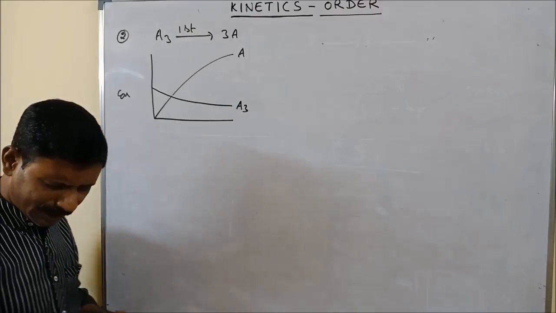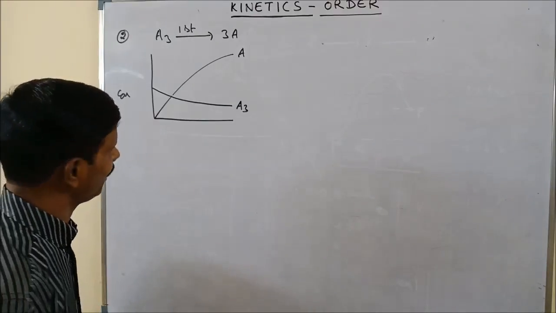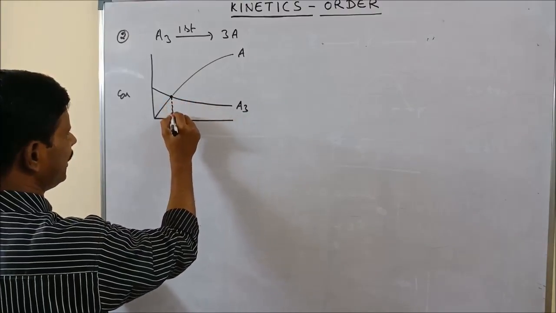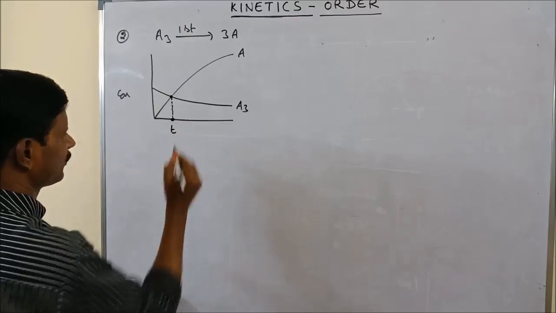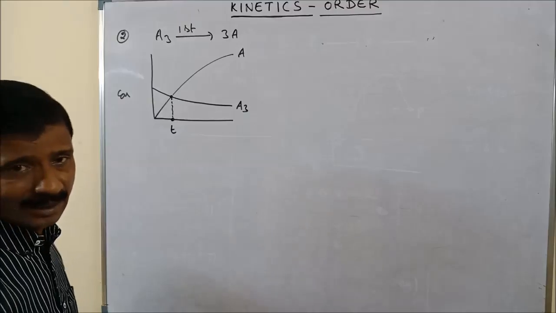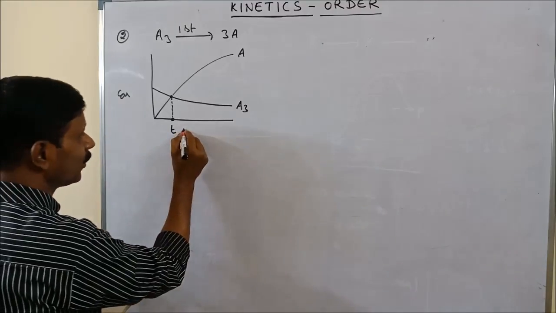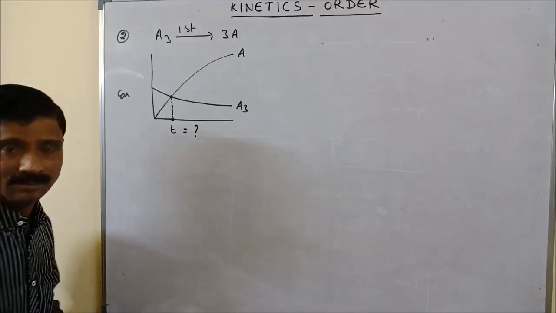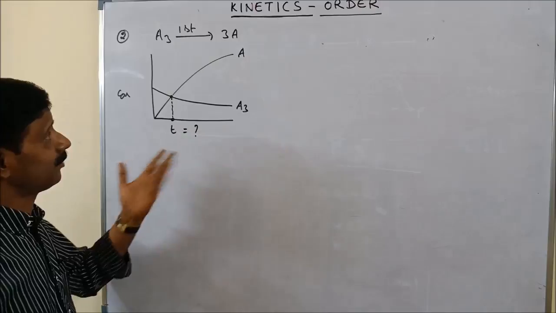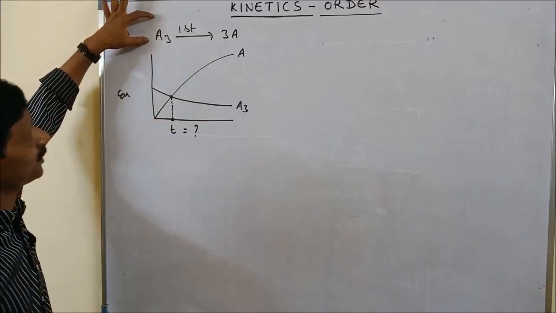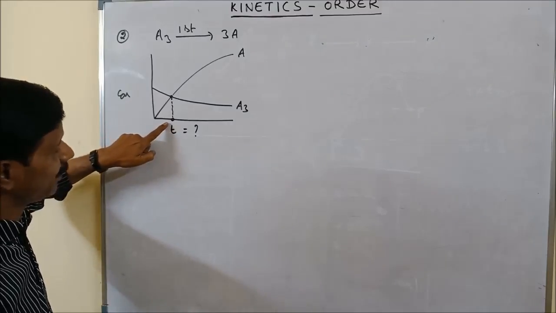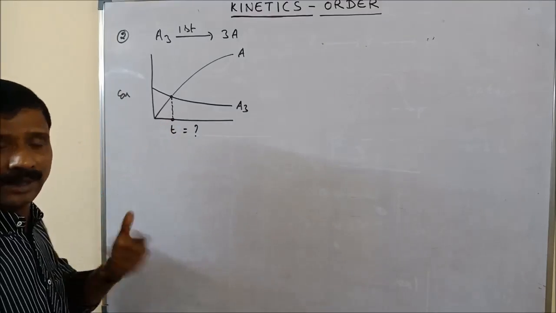Now the point they are asking: if you observe this point of intersection, this is time t. So at time t, what fraction of the reactant has reacted, or what is this time t? Either it is half-life or 20% or 10% or 30%, that we have to find out. For this process which follows first order, at this intersecting point, what is this time? That we have to find out.